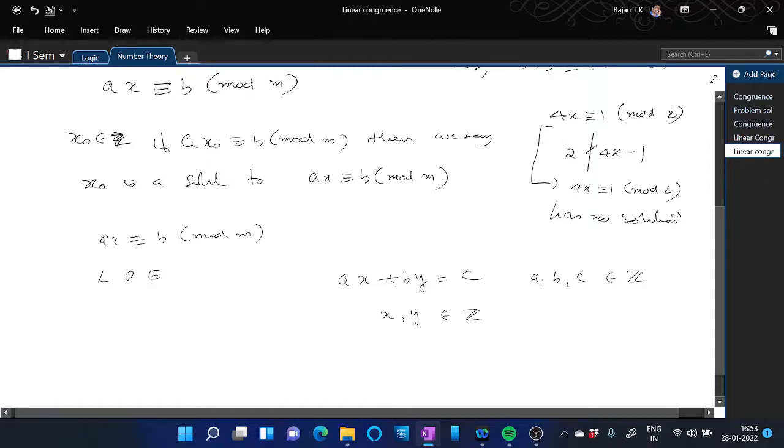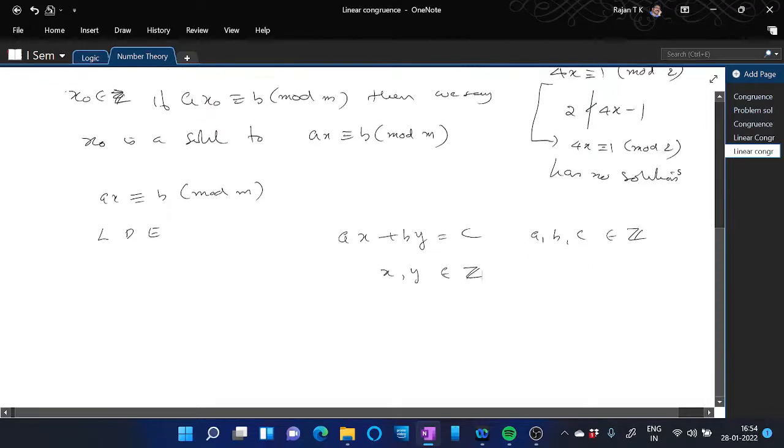Such an equation is called a linear Diophantine equation, with coefficients a, b, c from the set of integers, and solutions we are expecting only from the set of integers.